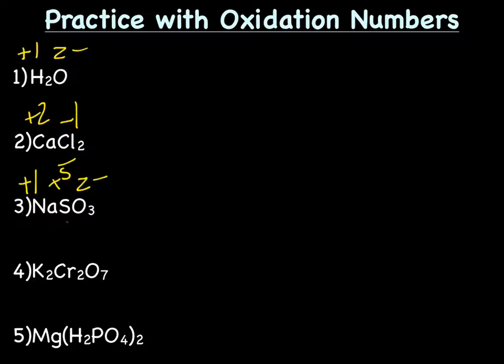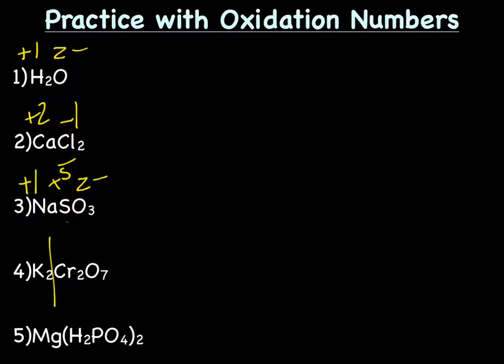Okay, for the next one, K2Cr2O7, why don't you hit pause, see if you can do this by yourself, and then hit play and see how you did. All right, this particular compound is an ionic compound. It's potassium dichromate, with K, which is potassium, and then Cr2O7.